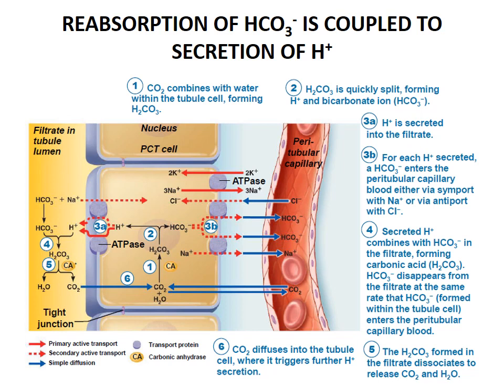The secreted H ions will then combine with bicarbonate to form carbonic acid. Again, it will be broken down into water and carbon dioxide, which will diffuse into the tubule cell and trigger this reaction again, forming a cycle. So this is what is happening in the renal cells in the regulation of H ion secretion.